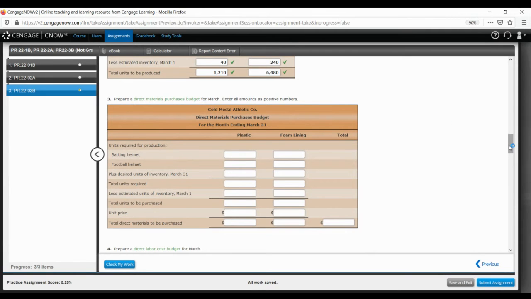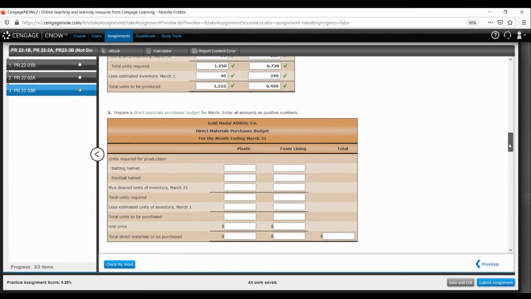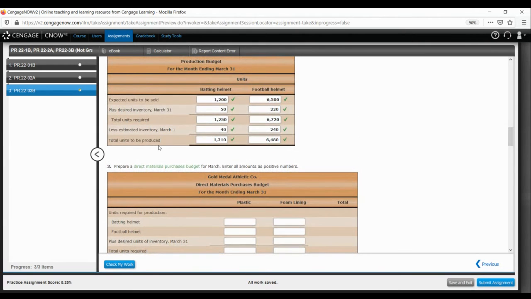So get out a sheet of paper and write this down. I want you to write down the number of units to be produced for batting helmets, which is 1,210, and the number of units to be produced for football helmets, which is 6,480. We're going to use these amounts to help us calculate how much plastic we're going to need.